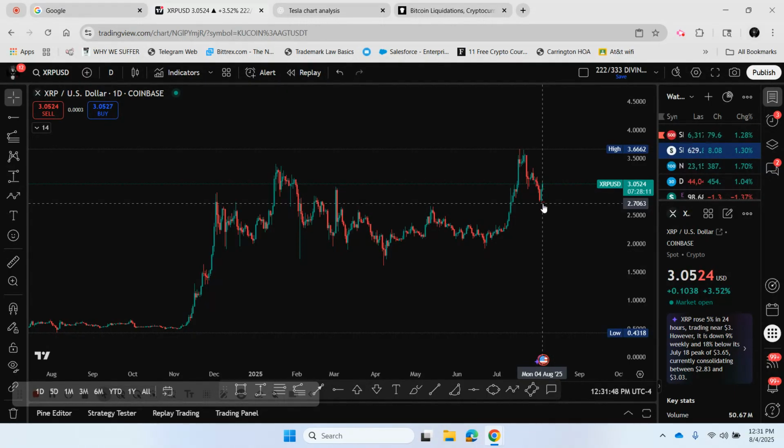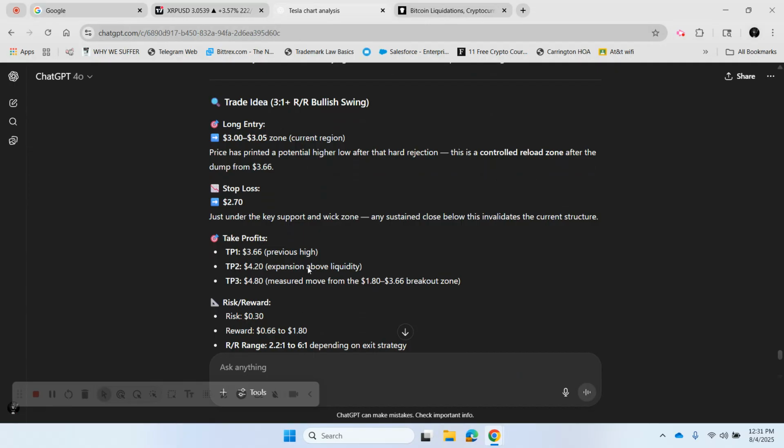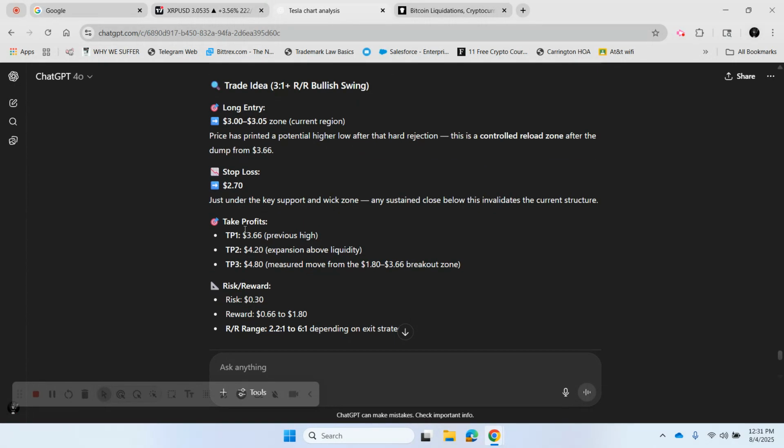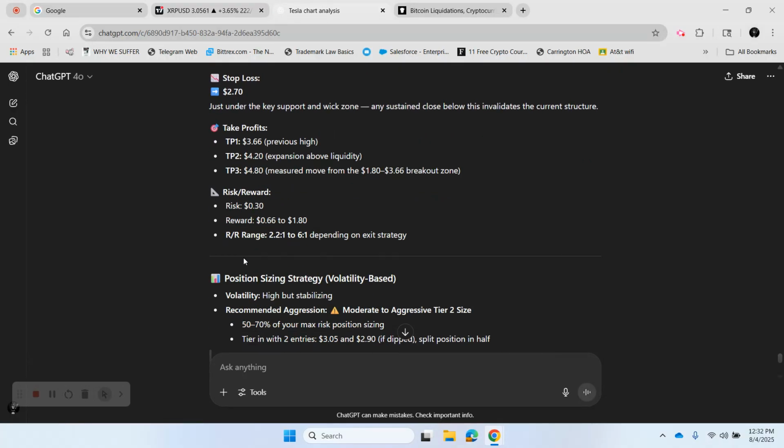Okay. And your TP1 is going to be $3.66, the previous high. And then you got the expansion above liquidity, 420, and then 480 for 3. All right. You're going to risk 30 cents, reward 66 to $1.80.